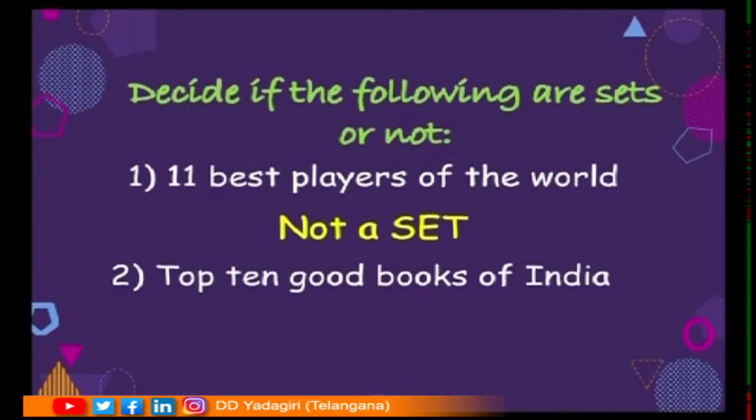So, it cannot be considered as a set. Similarly, top 10 good books of India, which means considering a book to be good or not good is completely an individual perspective. So, this also cannot be considered as a set.